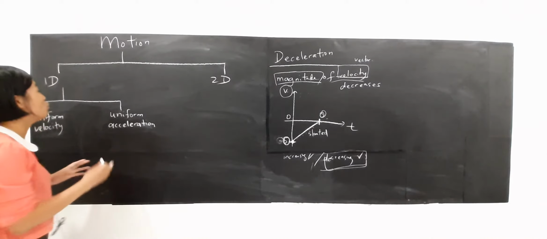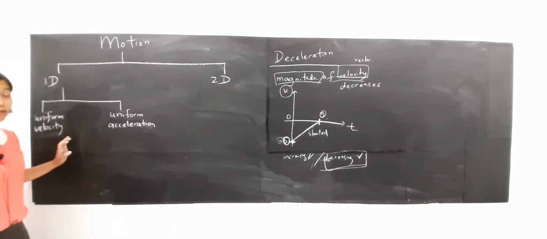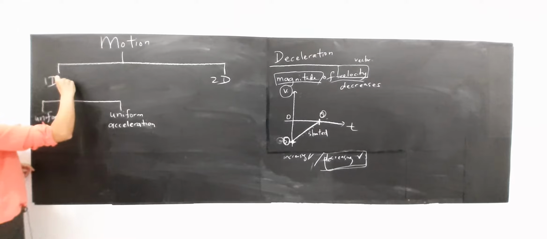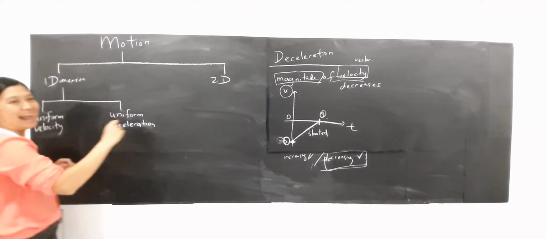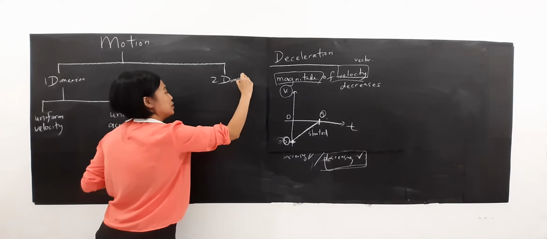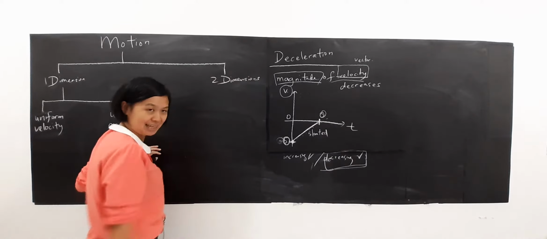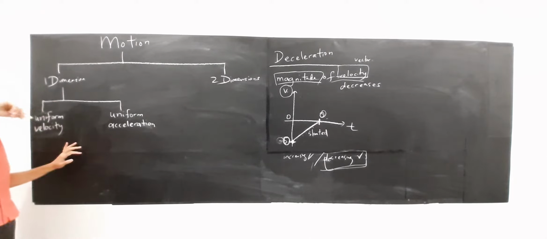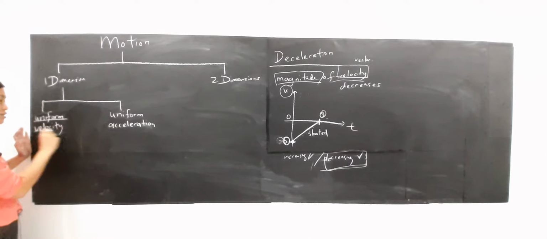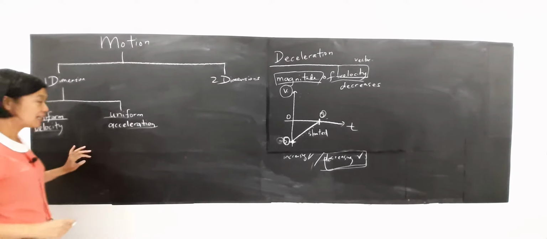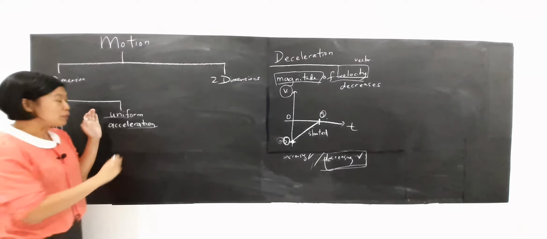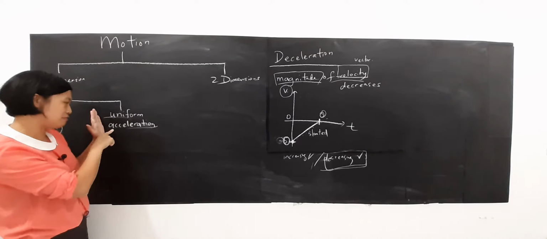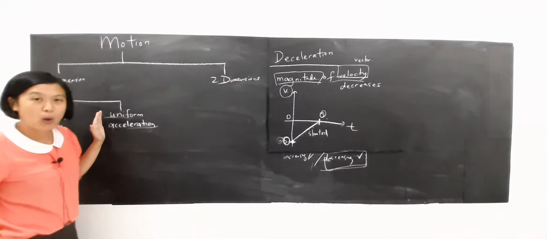About motion, for information, motion can be divided into 1 dimension and 2 dimensions. Today we just focus on the first. We have already learned these two terms before, right? You are familiar with uniform accelerated motion. Why do I say so?